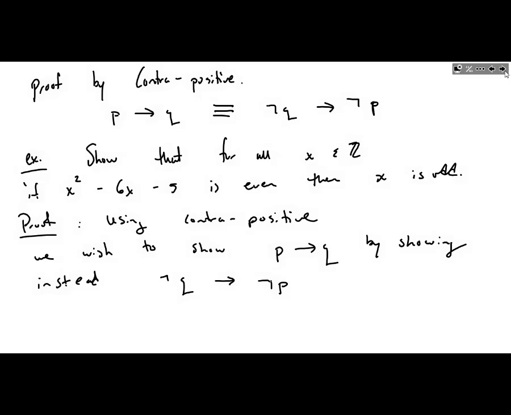So for this statement, we have P implies Q. Well, what's P? Statement P is x squared minus 6x plus 5 is even. And what's Q?